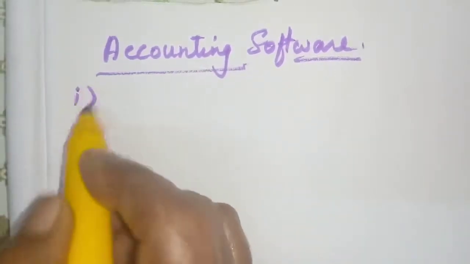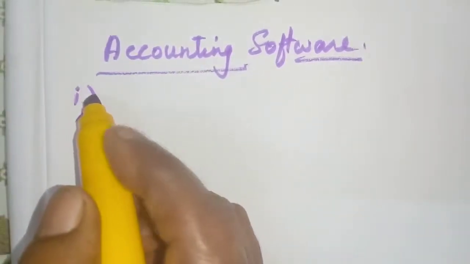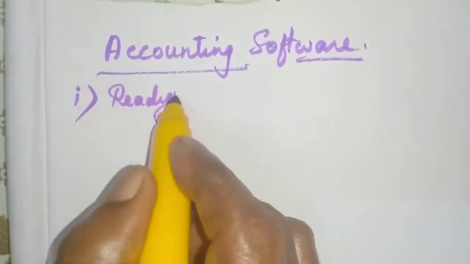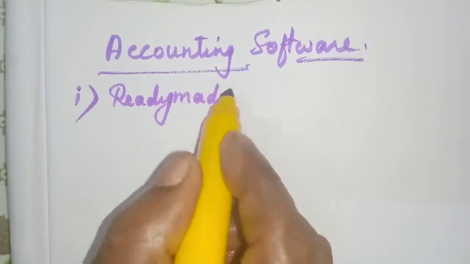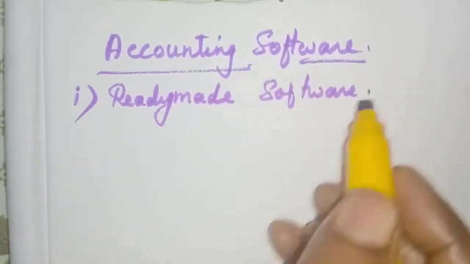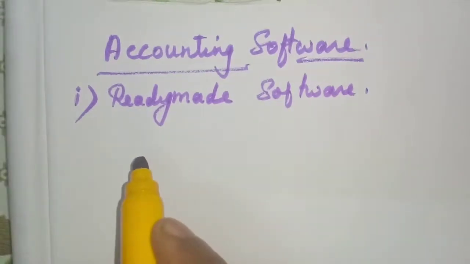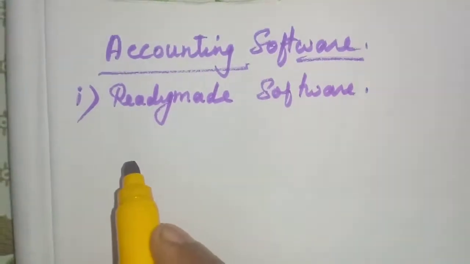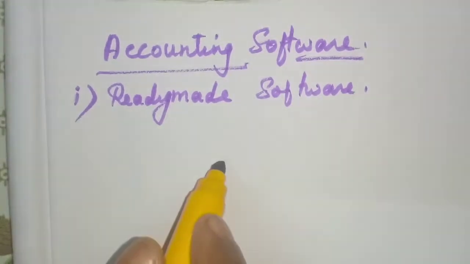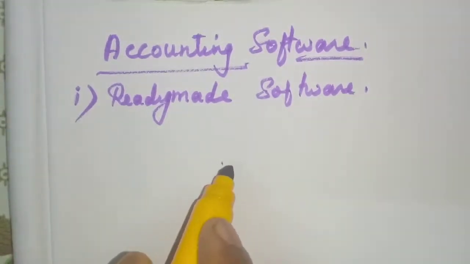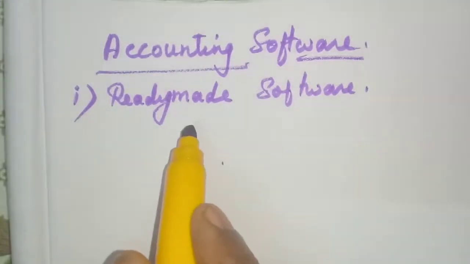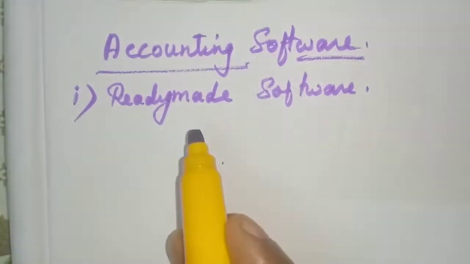Okay, the first one is ready-made software. This software is available ready-made. So the business organization can purchase these packages and install them in the computer.